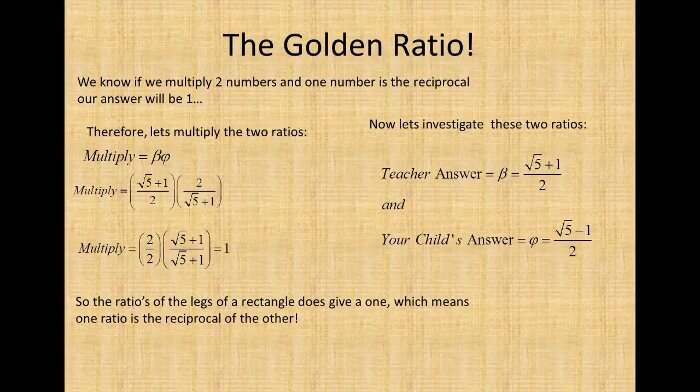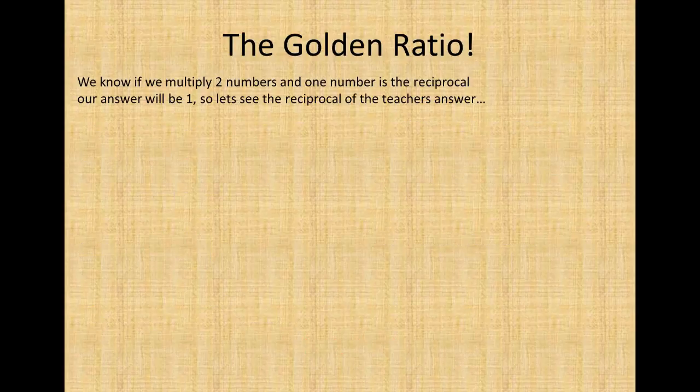And your child's answer is phi, square root of 5 minus 1 divided by 2. We know if we multiply two numbers and one number is the reciprocal of the other, our answer will be 1. So let's see the reciprocal of the teacher's answer.